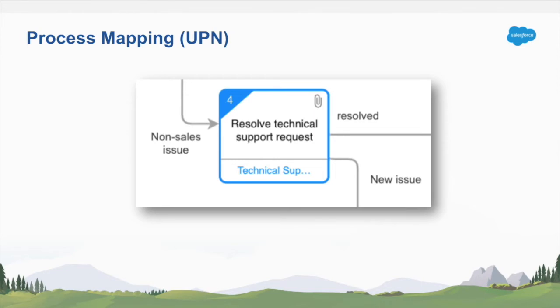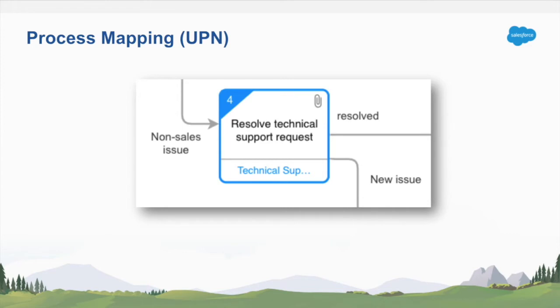And it has a very simple model. You have inputs and outputs. In this case, a non-sales issue is an input, and the outputs are a resolved issue or a new issue. The second is that every activity starts with a verb, in this case, resolve technical support request. And if you want to know who is involved or responsible, then underneath there is a resource, in this case, technical support.